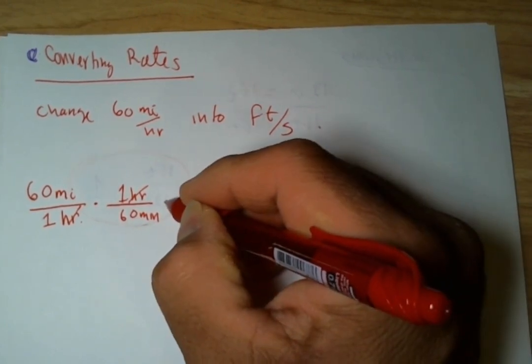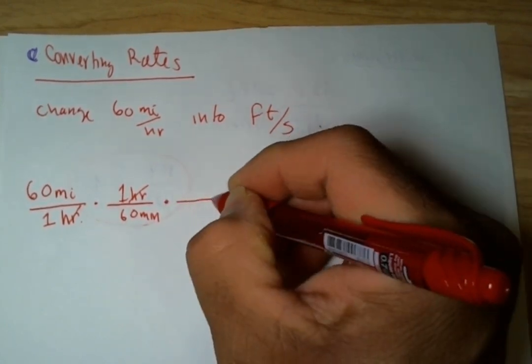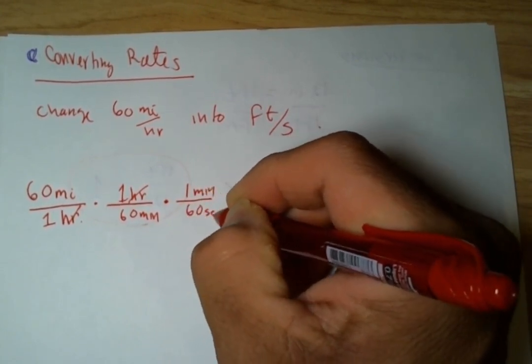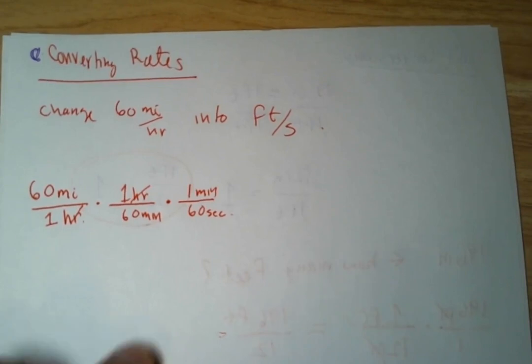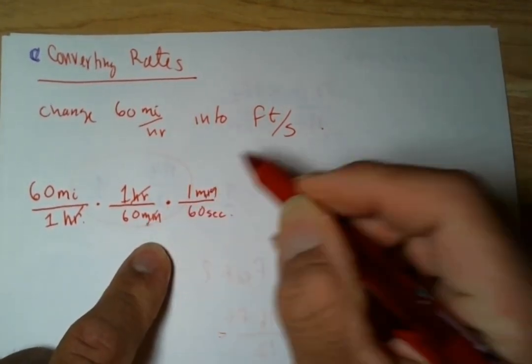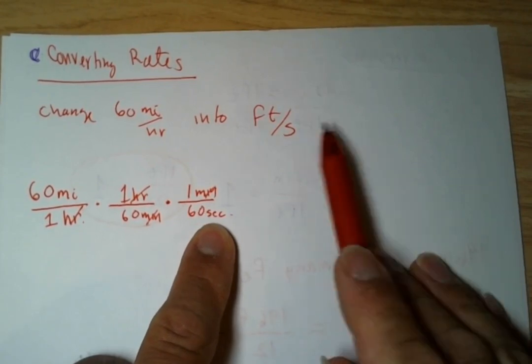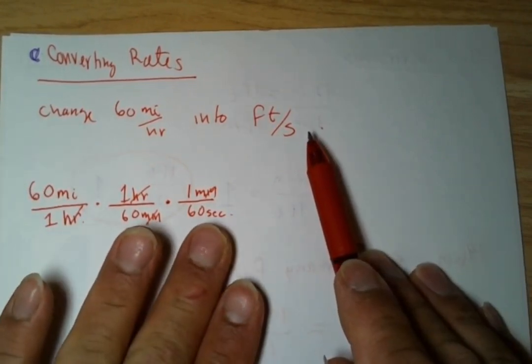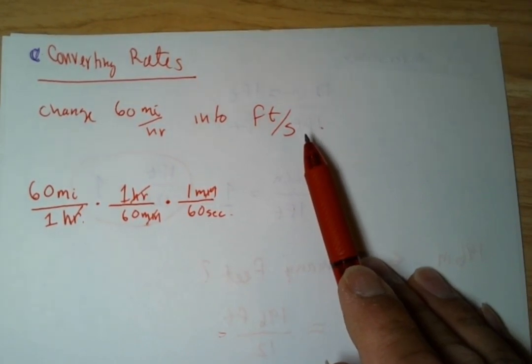So I'll do this again one more time. And we have 1 minute per 60 seconds. Then again here, tracking the units, the minutes reduce, and we're left with seconds. So I'm done with the units in the denominator, right? I'm left with units of only seconds.